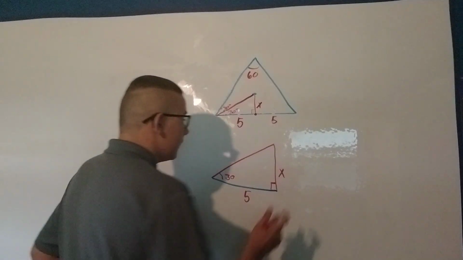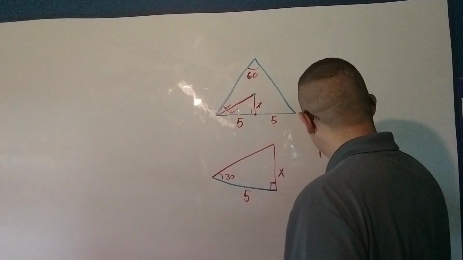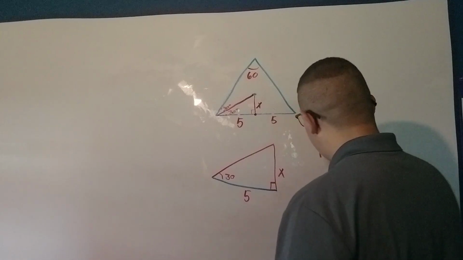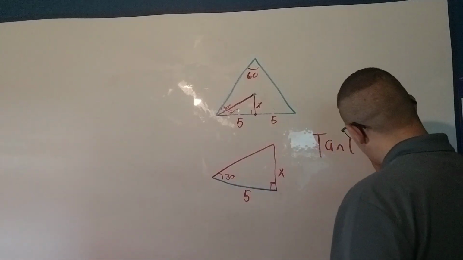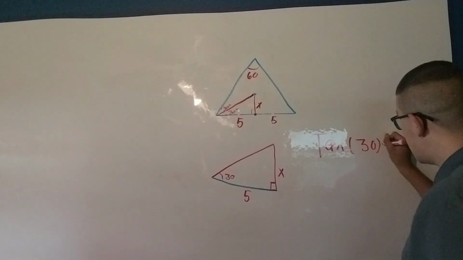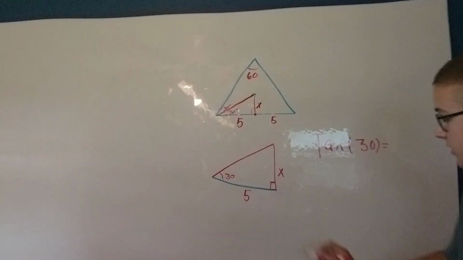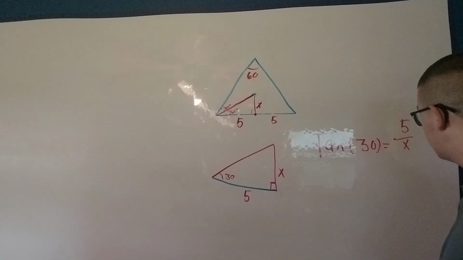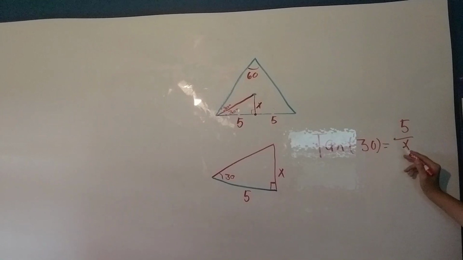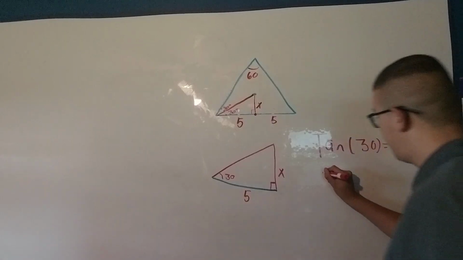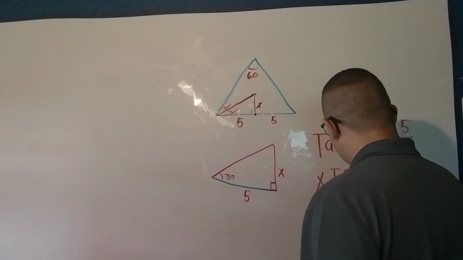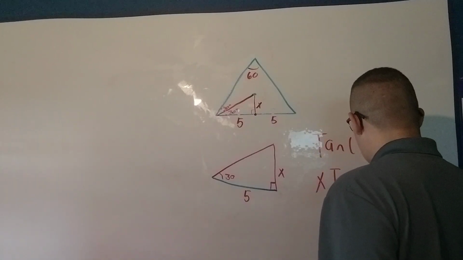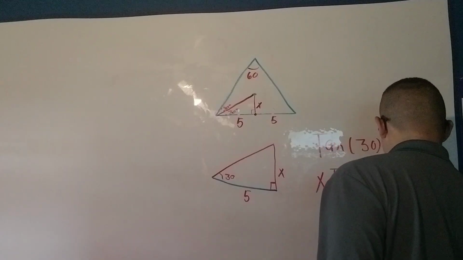That's tangent. So if we take the tangent of 30 degrees equals our adjacent over opposite, 5 over x here. Now, if we bring x over, x times the tangent of 30 equals 5.